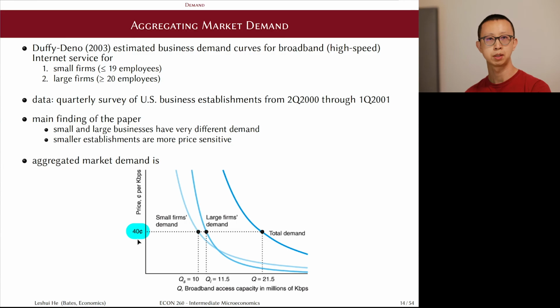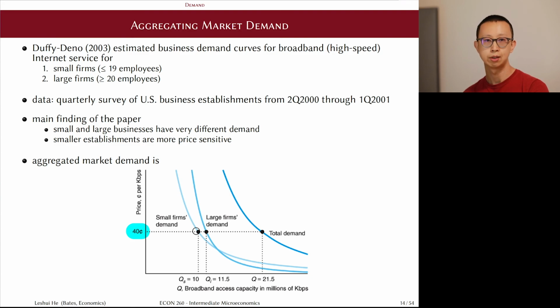First of all, at this price level, the small firms' demand is less than large firms' demand, and that's clearly reasonable. In addition, imagine the price of internet services increased by 1 unit, let's say to 41 cents. Then the large firms' demand is going to drop, because as price is pushed up, quantity demanded falls. But compare that change to the change along the small firms' demand curve.